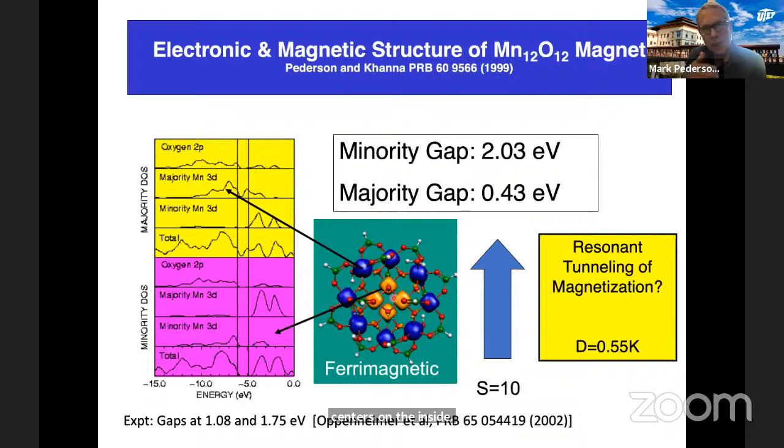Because of this phenomenon where you get level crossing due to the anisotropy Hamiltonian, you can measure the barrier very accurately by applying magnetic fields that are tuned to the anisotropy parameter D. Both experiment and theory agree that it's on the order of 0.55 Kelvin, which in this case means the magnetism barrier is 55 Kelvin, and these are very long-lived systems.